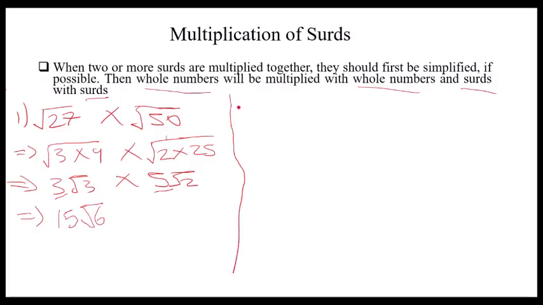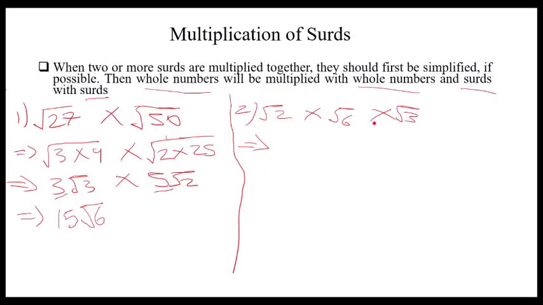Question number 2. Square root of 2 times square root of 6 times square root of 3. When we check these 3 numbers, you can see that we can't factorize any of them any longer. So what do we do?